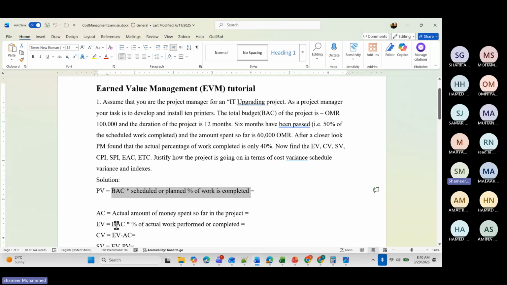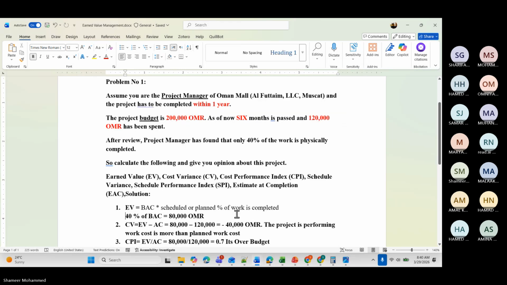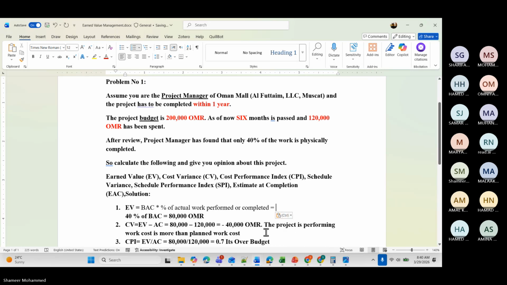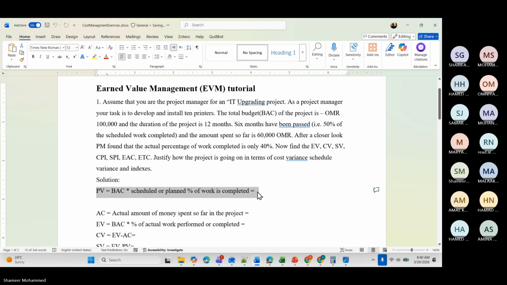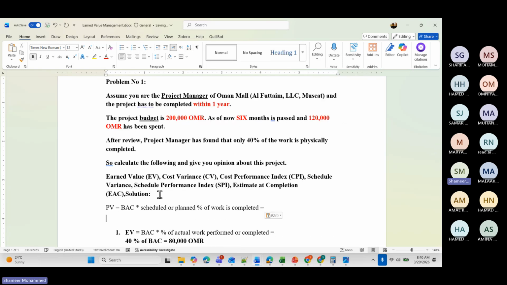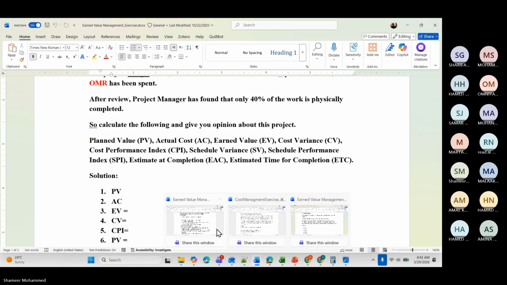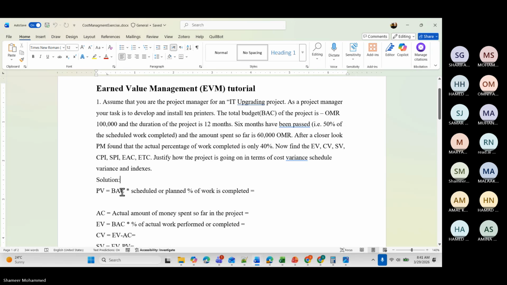This is for the planned value. You may consider these formulas.